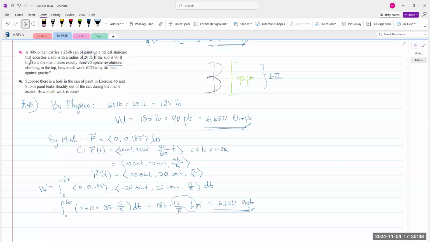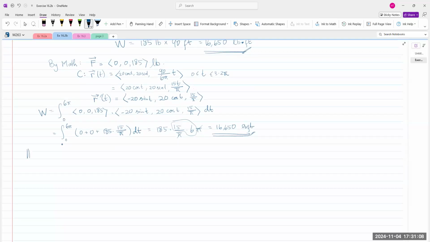So what happens if you have a hole in the can, and 9 pounds of paint leaks steadily out? In other words, a total of 9 pounds leaking at a linear rate.